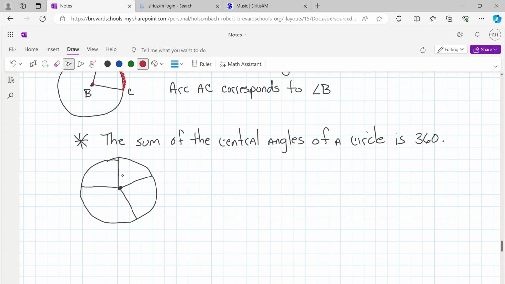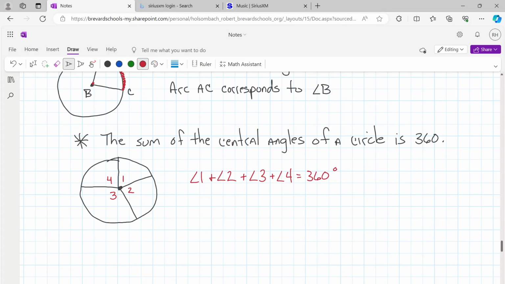What I just formed here was angle 1, angle 2, angle 3, and angle 4. And our rule says that the sum of the central angles of a circle is 360. What that means is that angle 1 plus angle 2 plus angle 3 plus angle 4 is equal to 360 degrees.